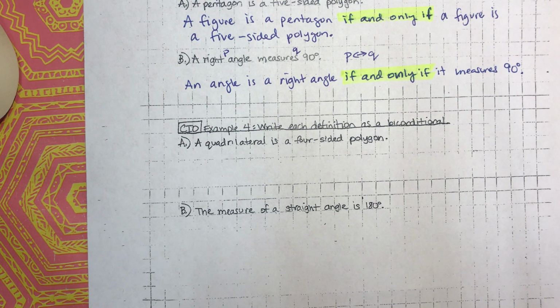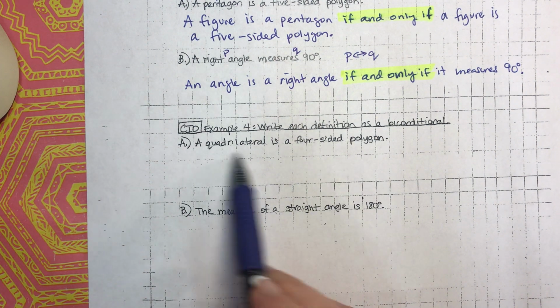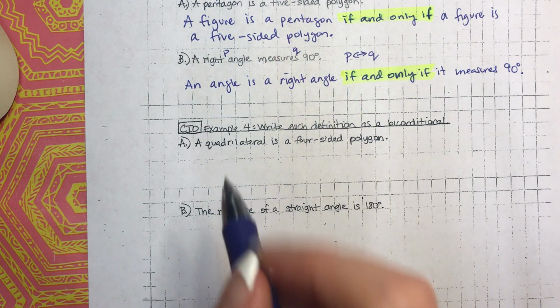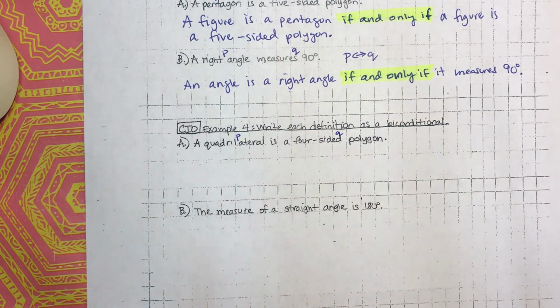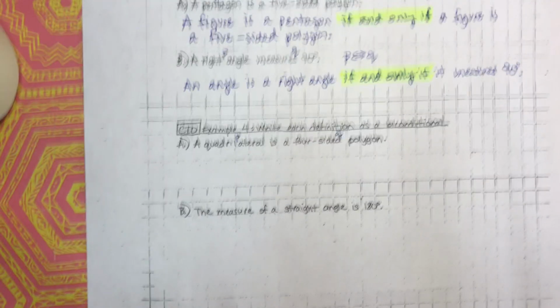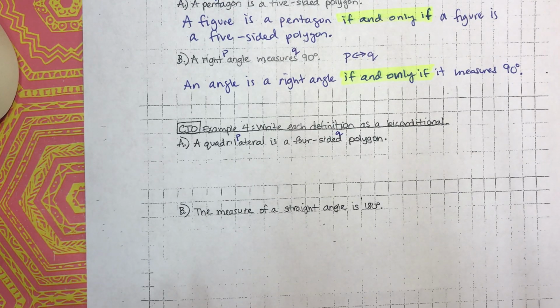So we have to figure out, from that definition, what is our hypothesis and what is our conclusion? Well, we have a quadrilateral and then we have a 4-sided figure. So this is going to be our hypothesis and this is going to be our conclusion, right? What is going to be that word that we insert in there? What are we talking about? We're talking about a figure.